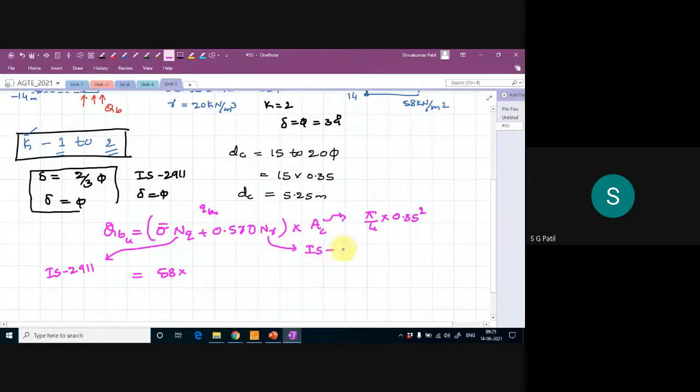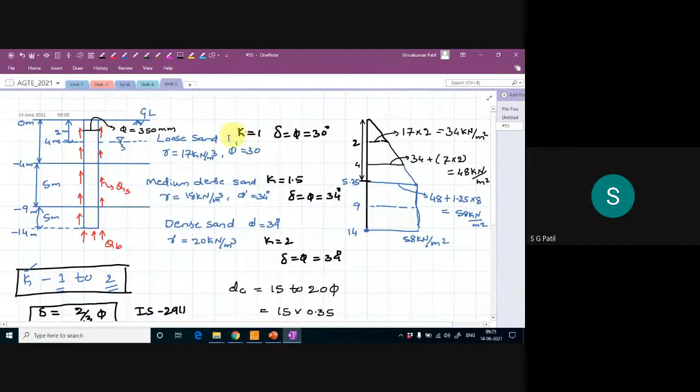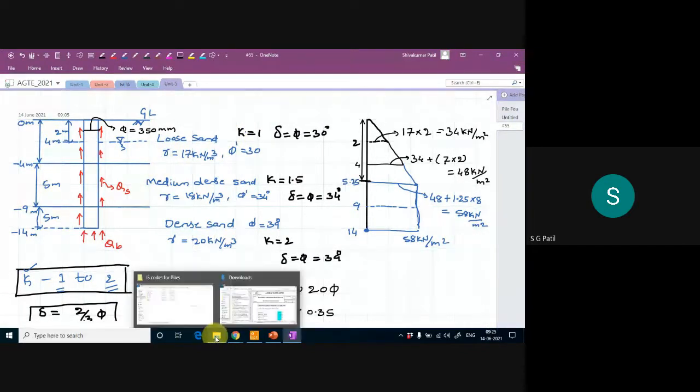IS 6403, table number 1. So let us first see the NQ value from IS 2911. What kind of pile is it? It's a driven pile. So I think section 2 is for driven pile.